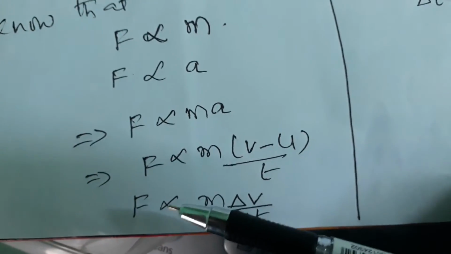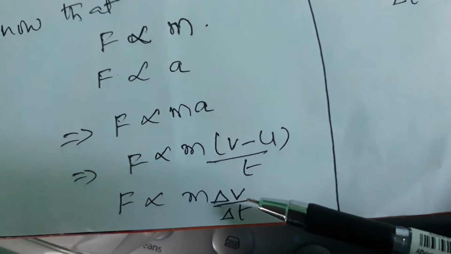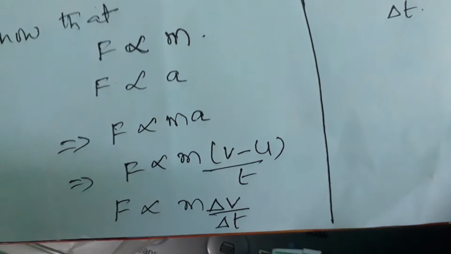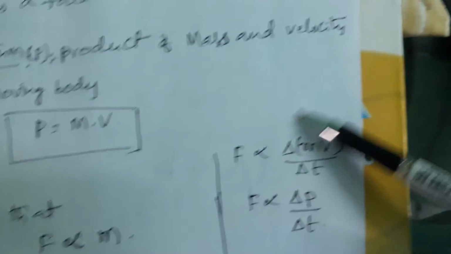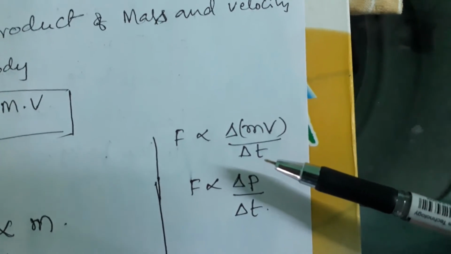So from this we can write that force is proportional to mass and change of velocity by change of time. This can also be written as F is proportional to delta (mv) by delta t.